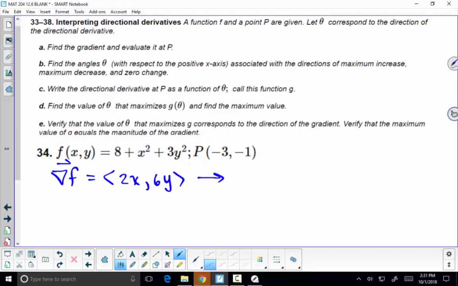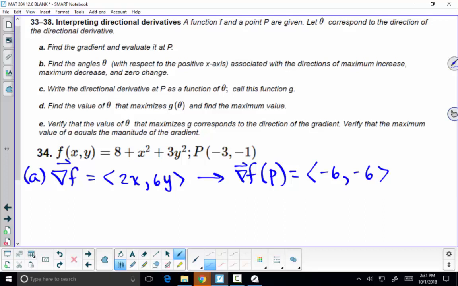And we can find the gradient evaluated at p. That makes it easy when the x's are in one component and the y's are in the other. We don't have to do too much thinking. So we get that. Okay, so that's part A. We found the gradient and evaluated it at p.